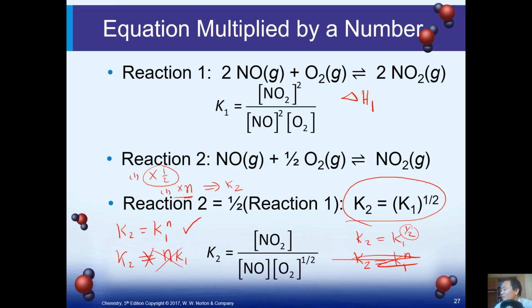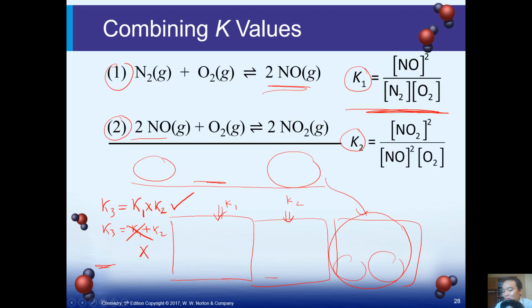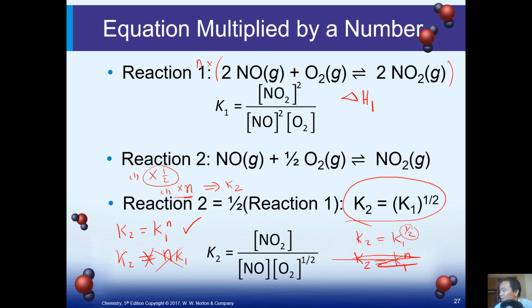The new reaction 2 would become 2n times NO plus n times O2, because each term should be multiplied by n, giving 2n times NO2.